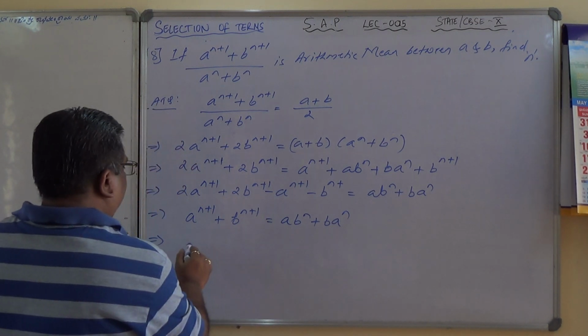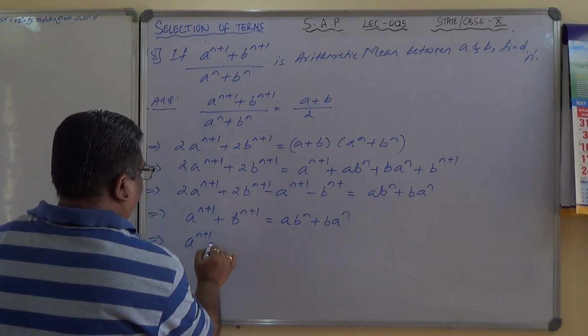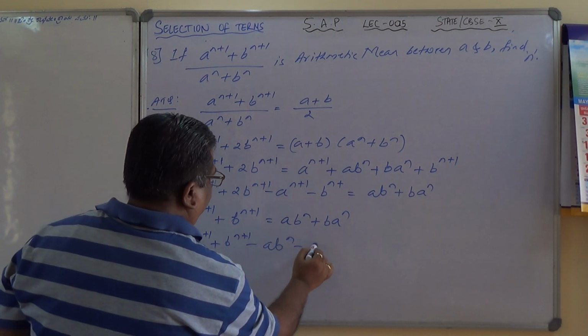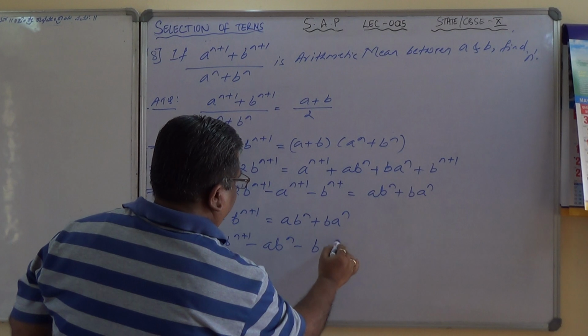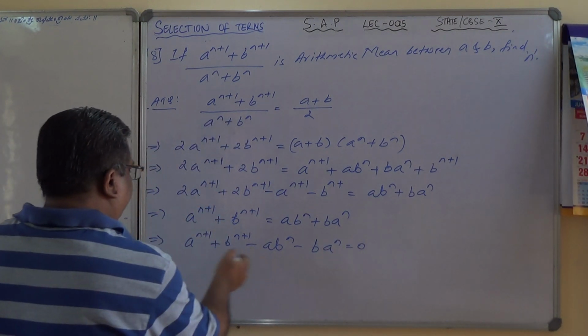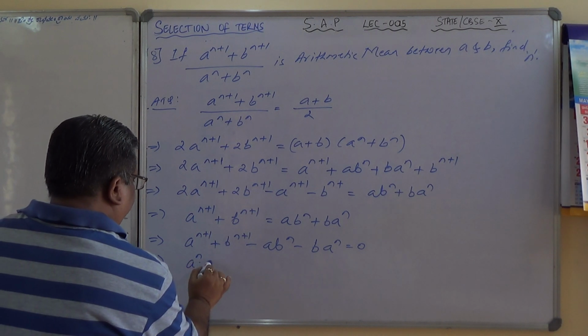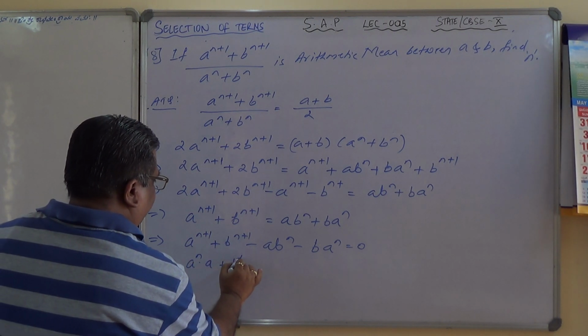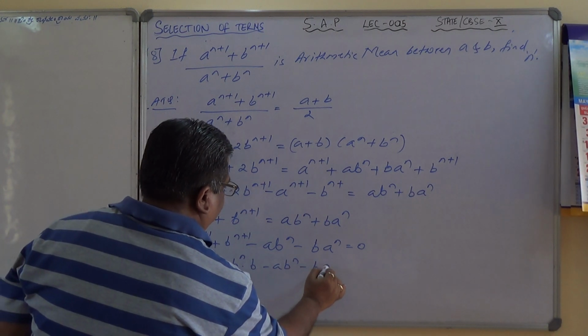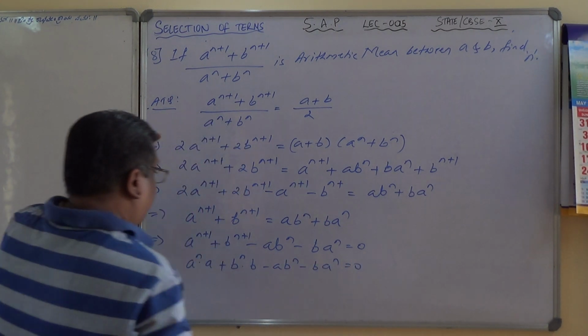Now a to the power n plus 1 plus b to the power n plus 1 minus a b to the power n minus b a to the power n equals 0. This can be written as a to the power n into a, plus b to the power n into b, minus a b to the power n. Okay.